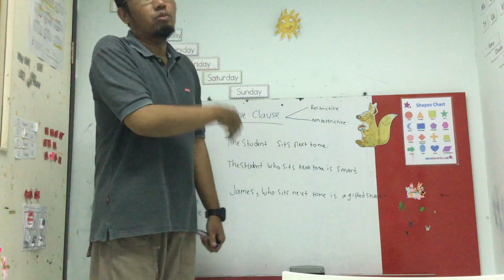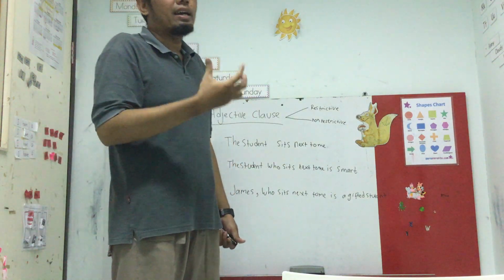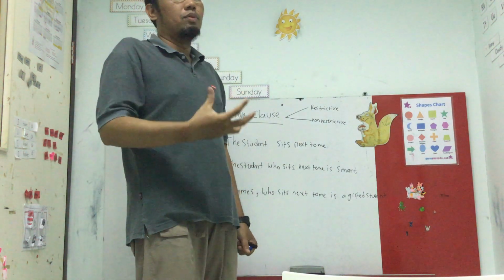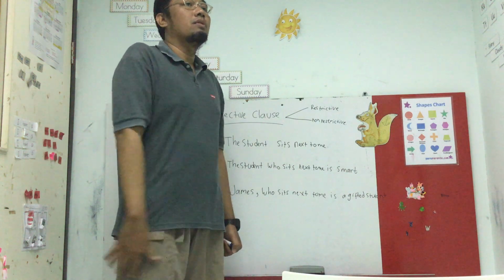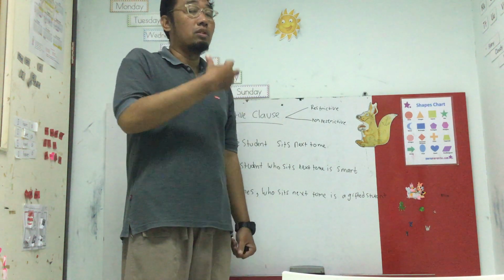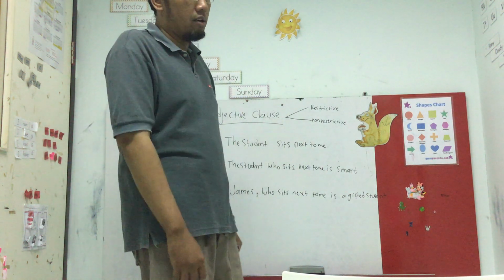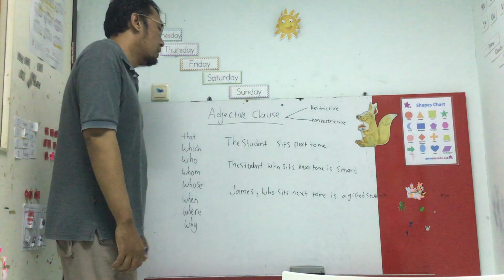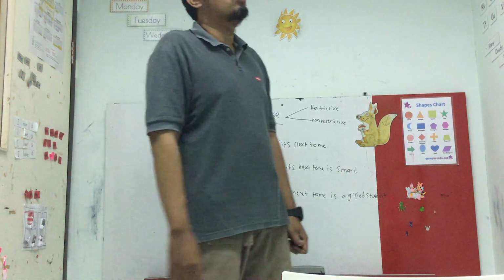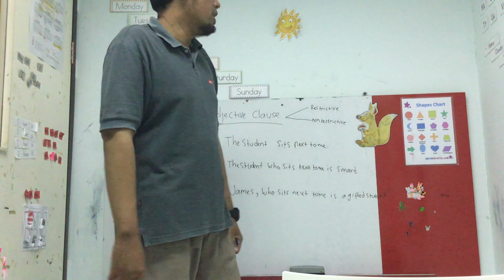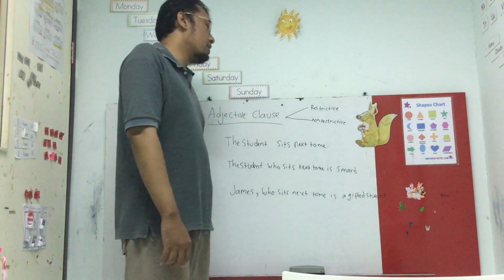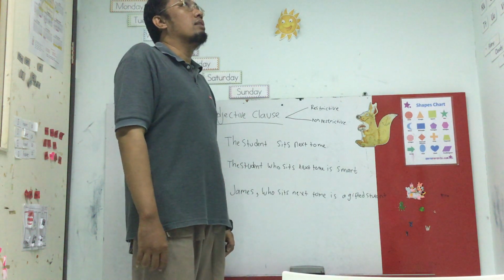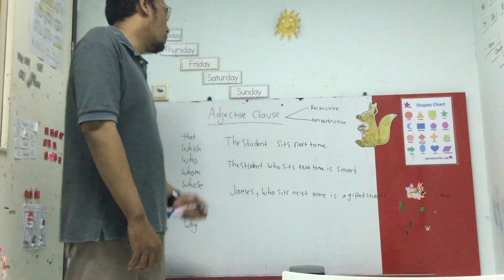The function of adjective clause is to describe the noun, to act as an adjective. What is the function of an adjective? The function of an adjective is to describe the noun. Okay, let's look at the explanation over here on the whiteboard.